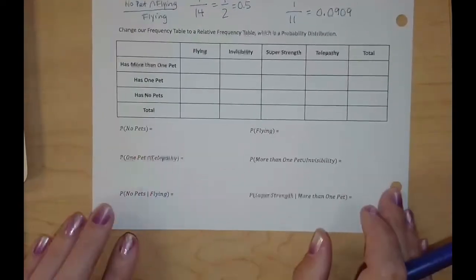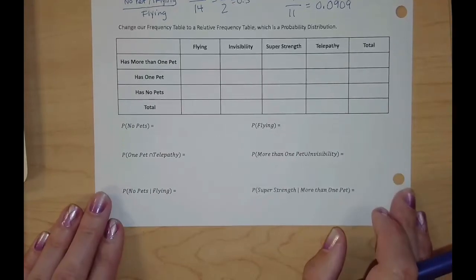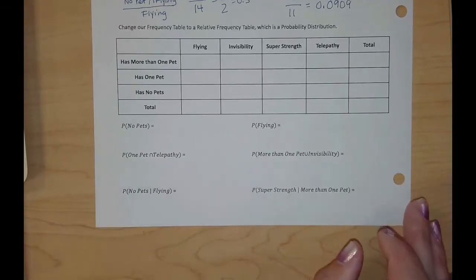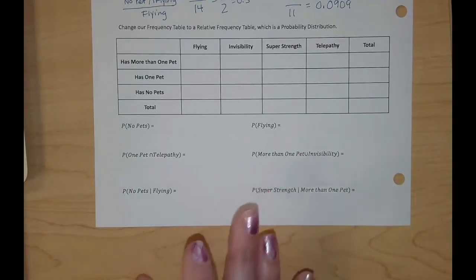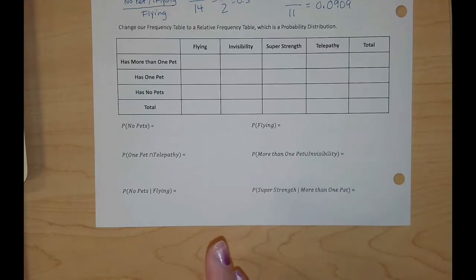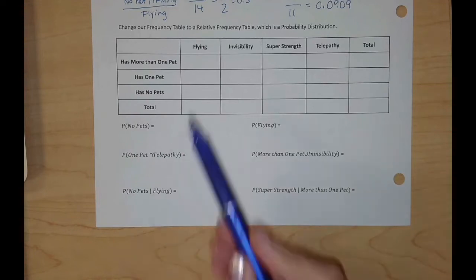All right, last frequency table or contingency table. Okay, so this is different. This is a relative frequency table, instead of a contingency table. So it's a little bit different. What it means is we're actually putting the probabilities in there in place of intersections.